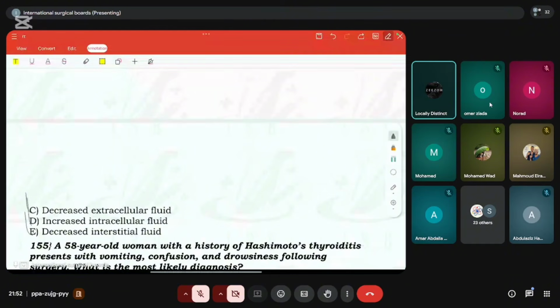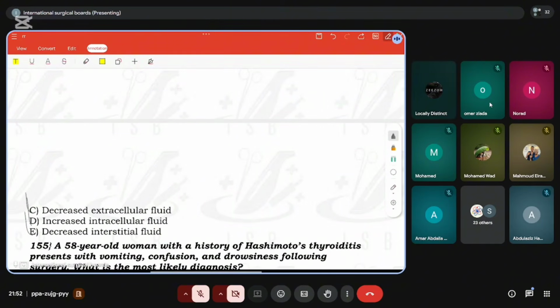Probably D. Very excellent. Increased intracellular fluid, right? We know that ADH goes to the distal nephron, specifically the late part of the DCT and collecting duct, and inserts aquaporin-2 channels. That enhances the absorption of free water. Everyone knows that, right?